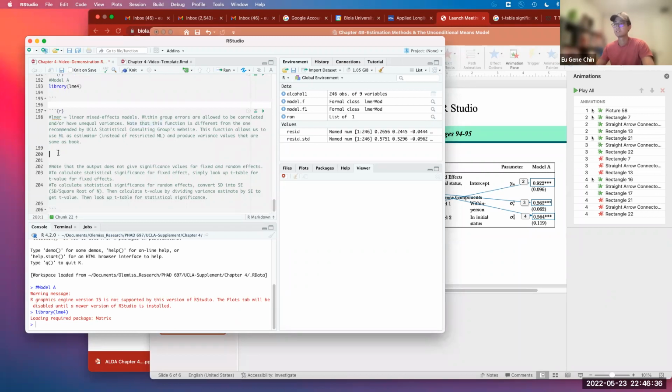So let's call this model.a1. The function is lmer. We're going to regress alcohol use on a constant, because we expect alcohol use to not be influenced by any predictor.